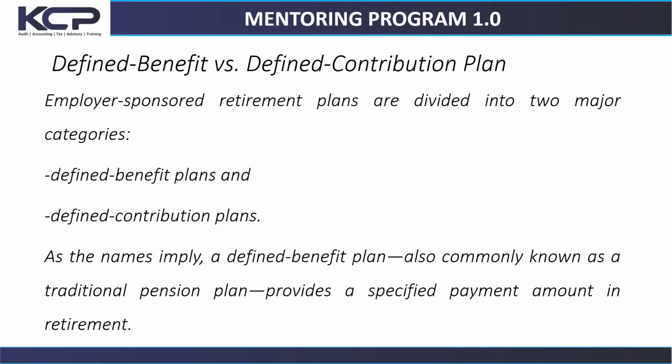So whenever an employer, after the working life period of an employee, is still responsible for paying the pension of the retired employee, that means that organization must have adopted what we call a defined benefit plan. And this defined benefit plan is usually peculiar with governments.